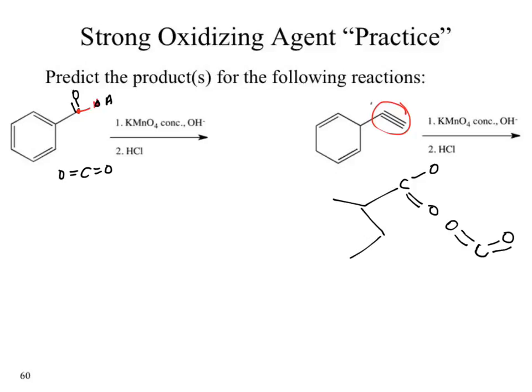That rest of the ring structure, what happens with the ring structure? Are those alkenes or aromatics? Alkenes, which means we've got to oxidize those out to our acids. Questions?